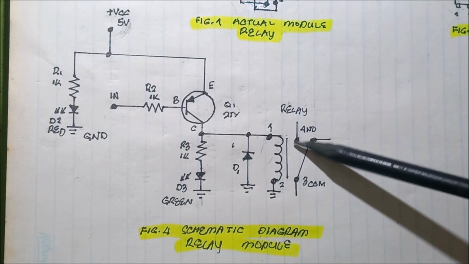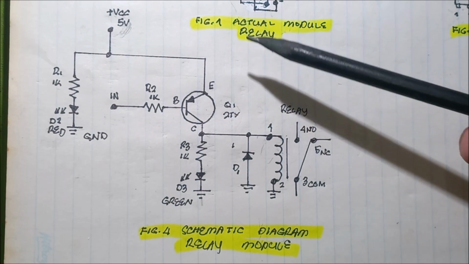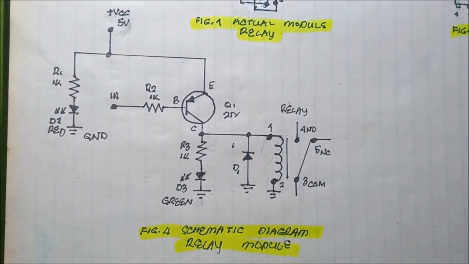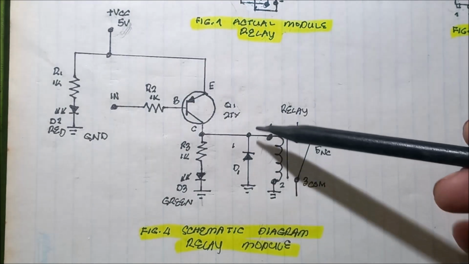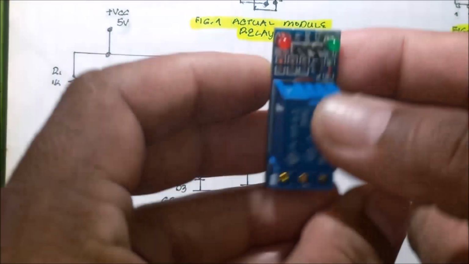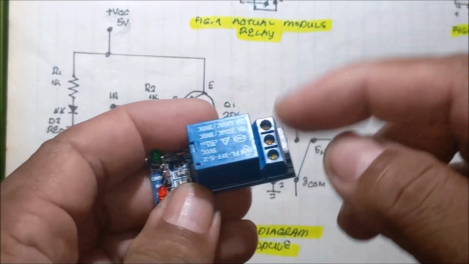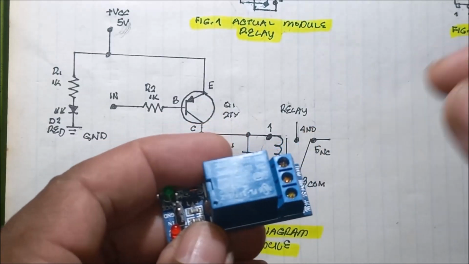Because our relay is 5 volts. The relay is 5 volts, that's why we're going to use a 5 volts supply into the input or the control side. This is the relay, this is the control side, and this one is the output side.